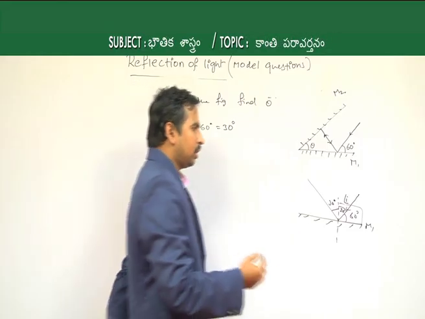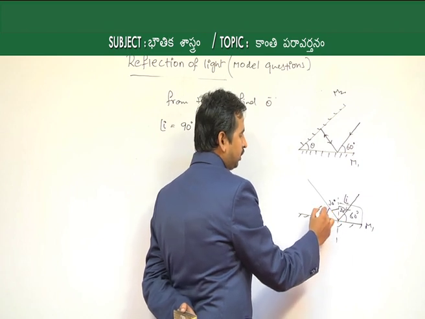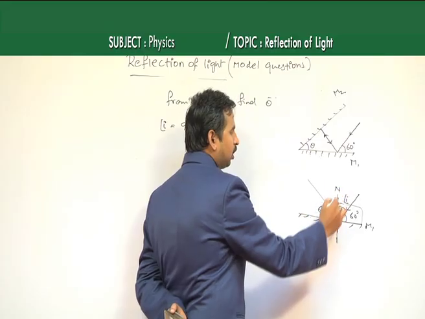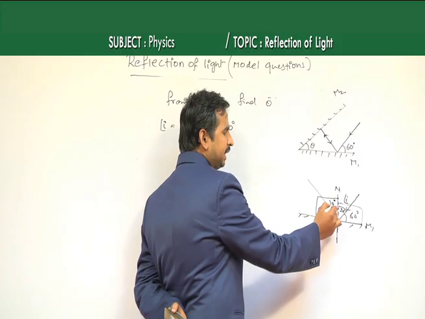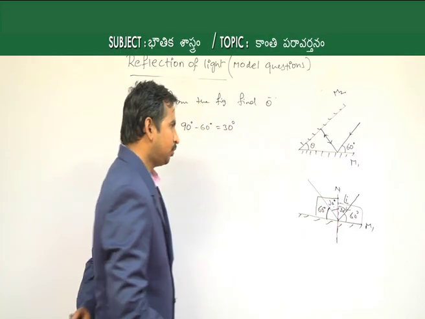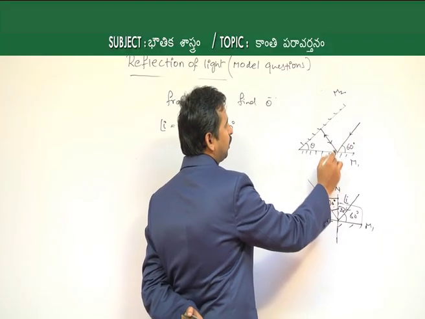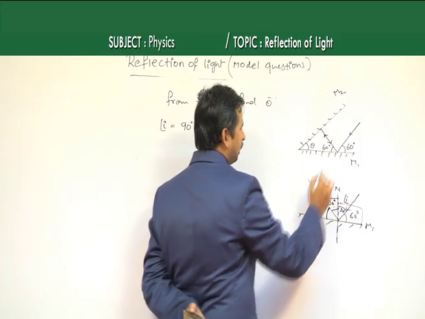Then the glancing angle of reflection on the other side becomes 60 degrees, because with the normal it makes an angle of 90 degrees, and this part we got 30 degrees, so the remaining angle becomes 60 degrees. So for the reflected ray, this angle becomes 60 degrees.